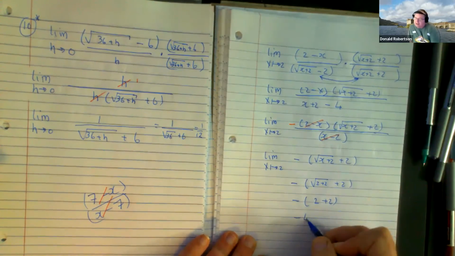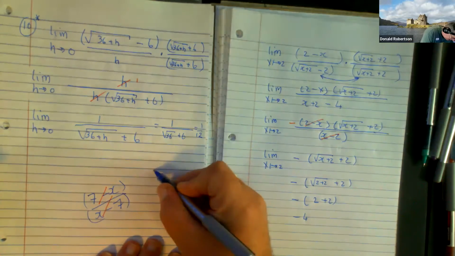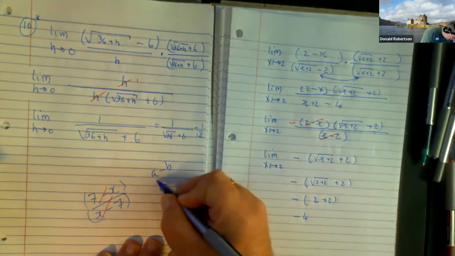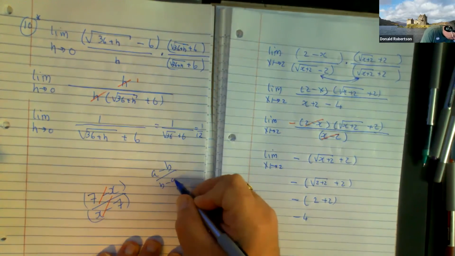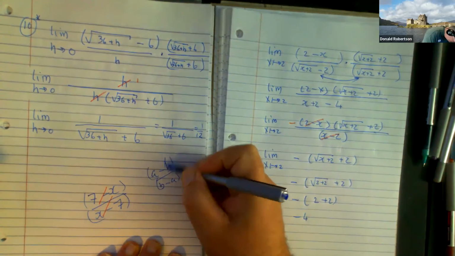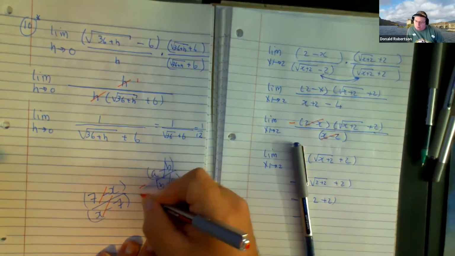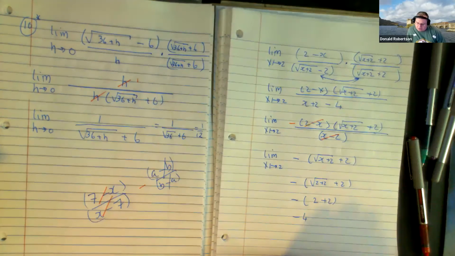And so the answer would be -4. Does that make sense? You are allowed to cancel a minus b and b minus a, but when you cancel that, your answer has to be negative. And that's how you cope with that particular situation.